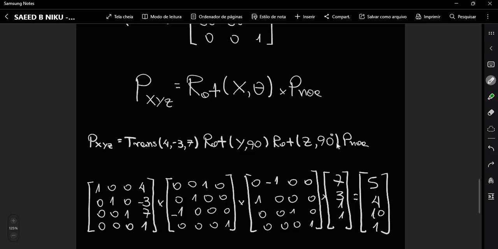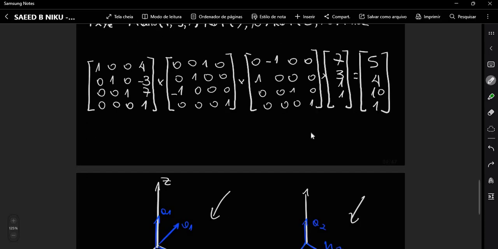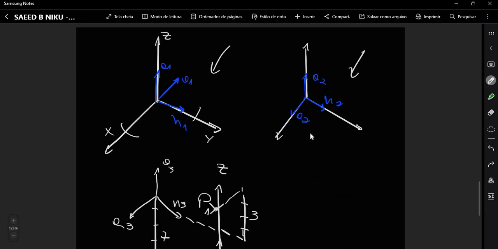And it tells us that a rotation transformation is being done about the axis X with some theta angle, and we draw the transformations.